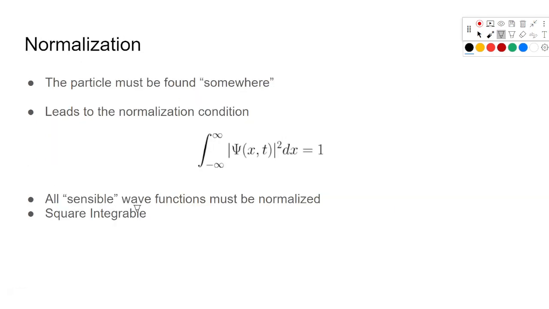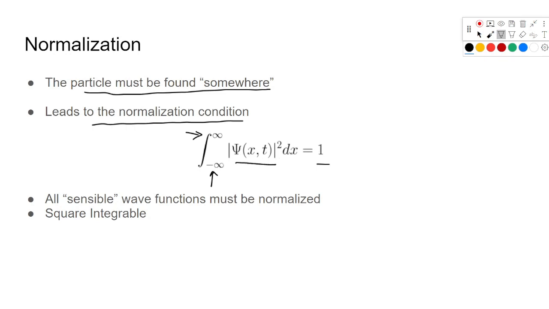Now, on the last slide, we understood that the square of the wave function multiplied by dx and integrated gives us the probability of finding the particle between points a and b. But if you're talking about a particle, then it must be found somewhere. The particle has to exist. That leads us to the normalization condition: the probability of finding the particle between minus infinity and plus infinity has to be equal to 1.